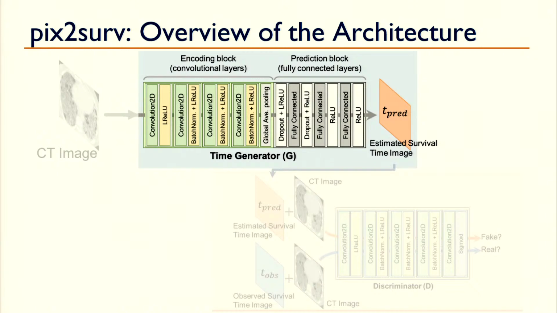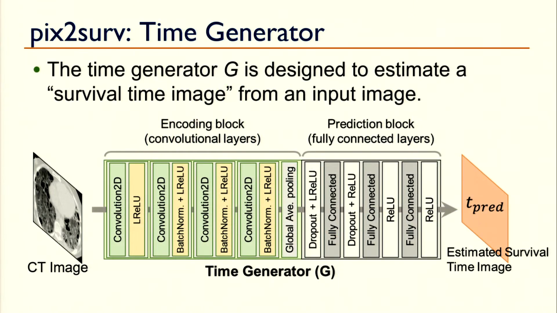The time generator takes the input CT image and calculates the corresponding estimated survival time image. The time generator has an encoding block, which consists of 4 convolutional layers as shown on the left. On the right, we see that the output of the encoding block is vectorized and forwarded to a prediction block that consists of 3 fully connected layers that calculate a survival time value image.